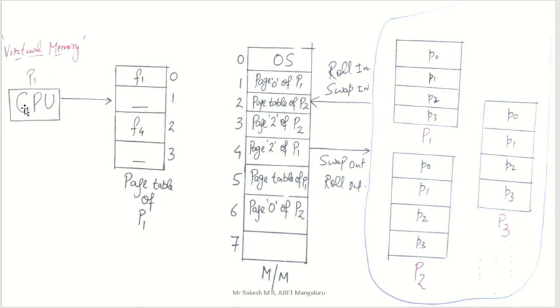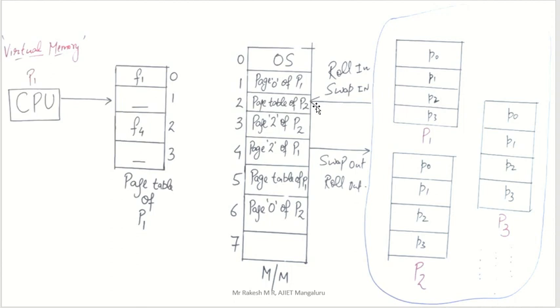Hit means whenever the CPU asks for a particular page, it is there in the page table, and it is there in main memory also. If nothing is in main memory, then the page table is empty. So when the CPU asks for a page that is in main memory, that is called a page hit. Whenever the CPU asks for a particular page that is not in main memory, that is called a page fault.